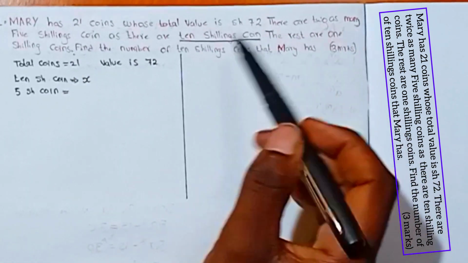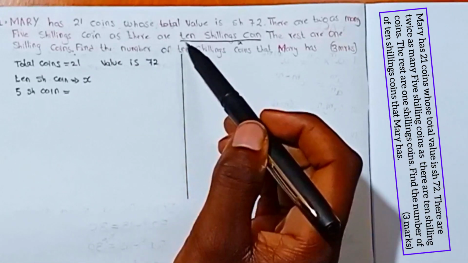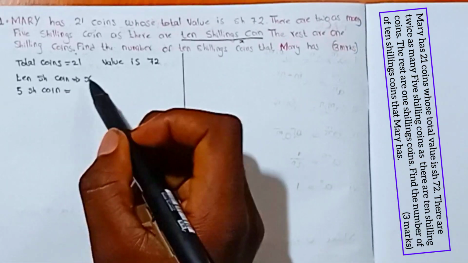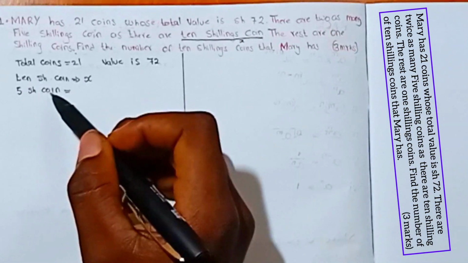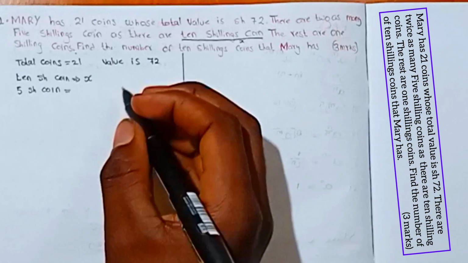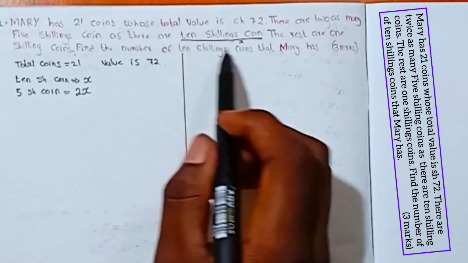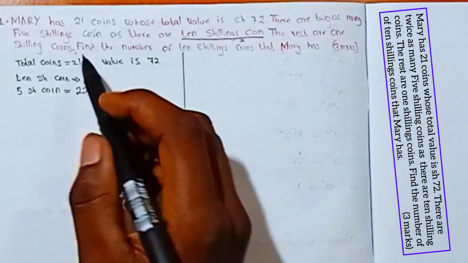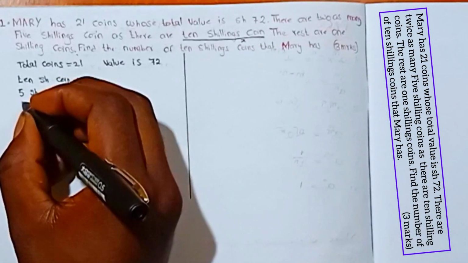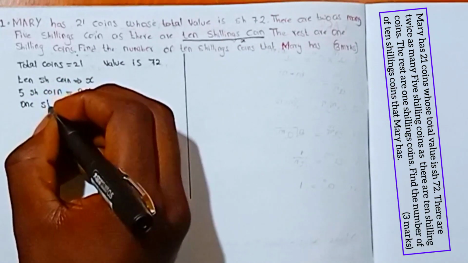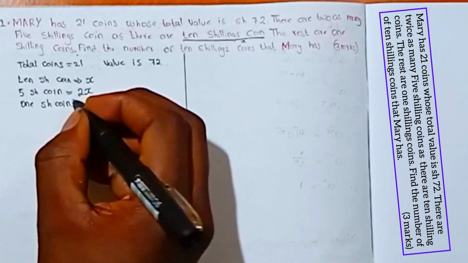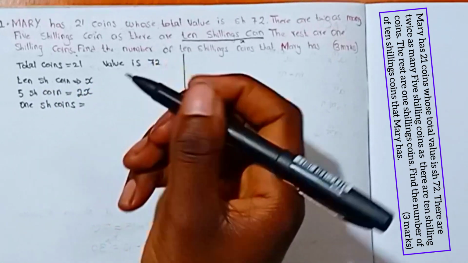There are twice as many 5 shilling coins as there are 10 shilling coins, so it is 2x. The rest are 1 shilling coins. So the 1 shilling coins are equal to the rest.